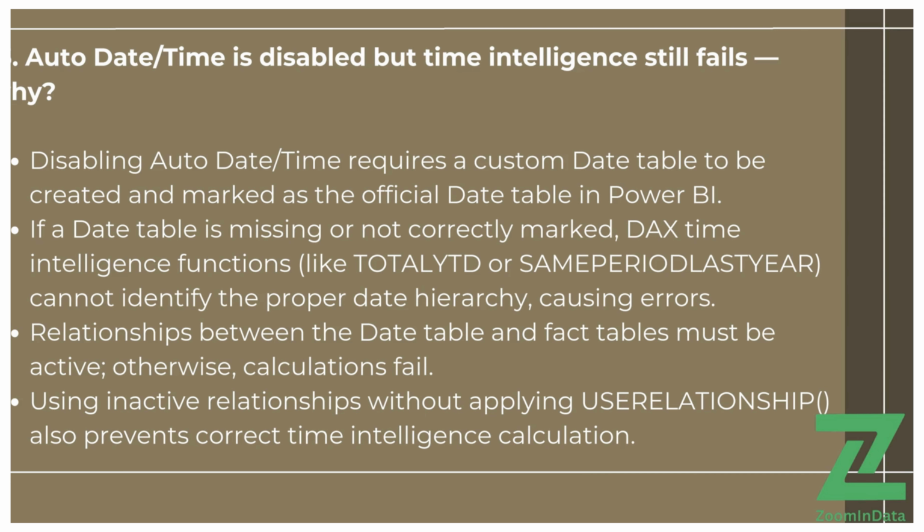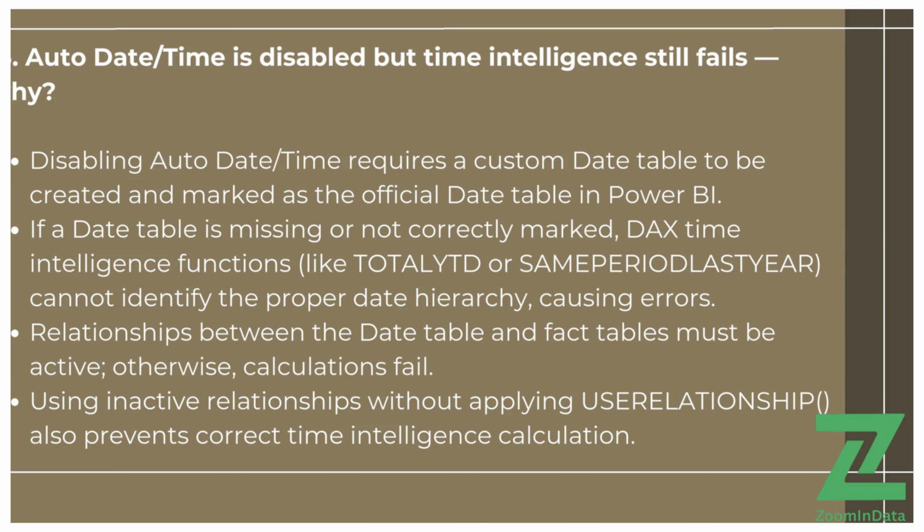13th question. Auto-date or time is disabled but time intelligence still fails. Why? Disabling auto-date or time requires a custom date table to be created and marked as the official date table in Power BI. If a date table is missing or not correctly marked, DAX time intelligence functions, like TOTALYTD or SAMEPERIODLASTYEAR, cannot identify the proper date hierarchy, causing errors.